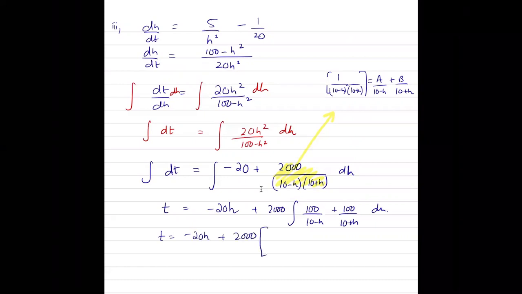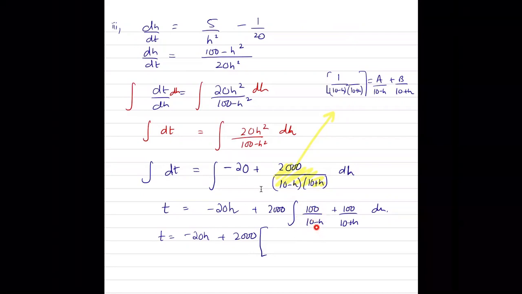So integration of 100 upon 10 minus h is going to be, what was the integration of 100 upon 10 minus h? I don't remember. Okay, if you take 100 common out, you are going to get 1 upon 10 minus h.